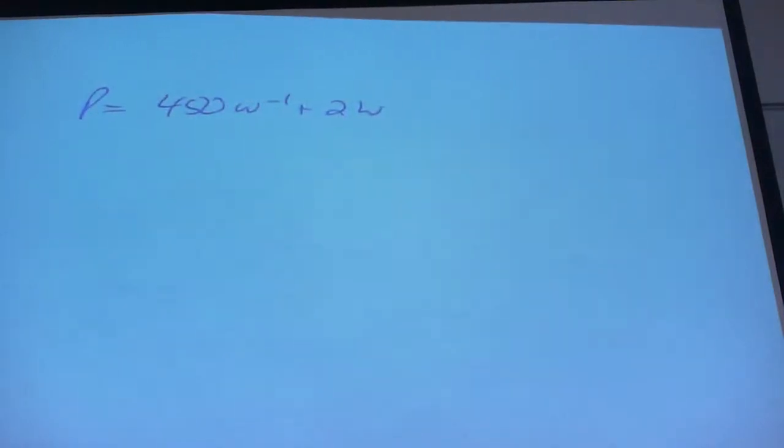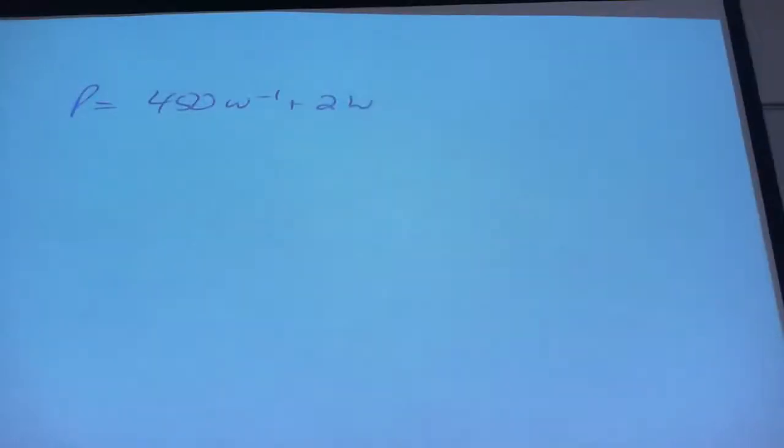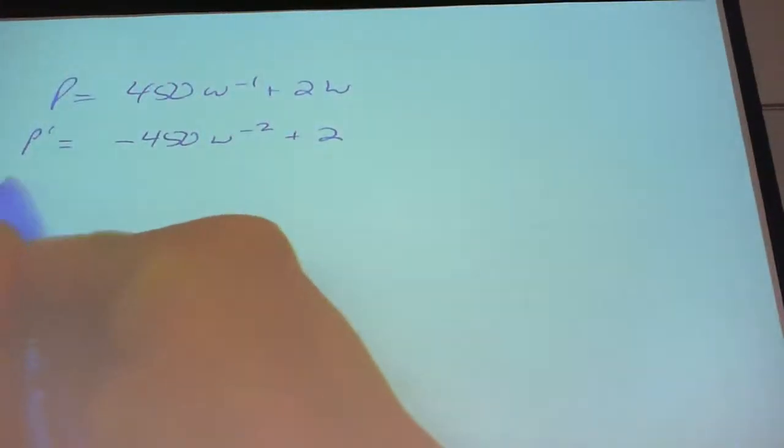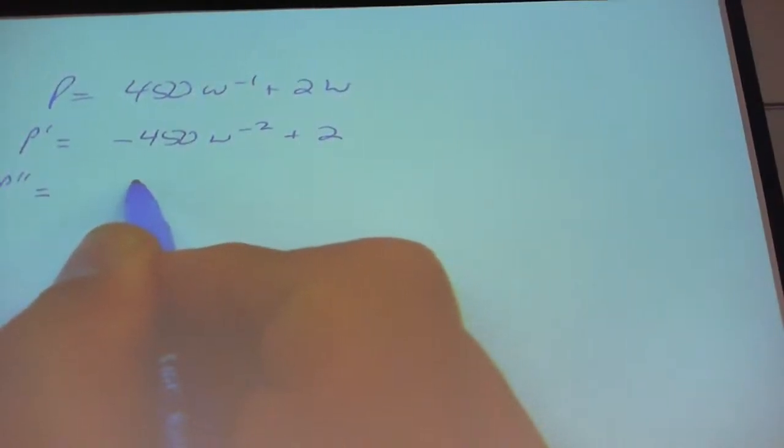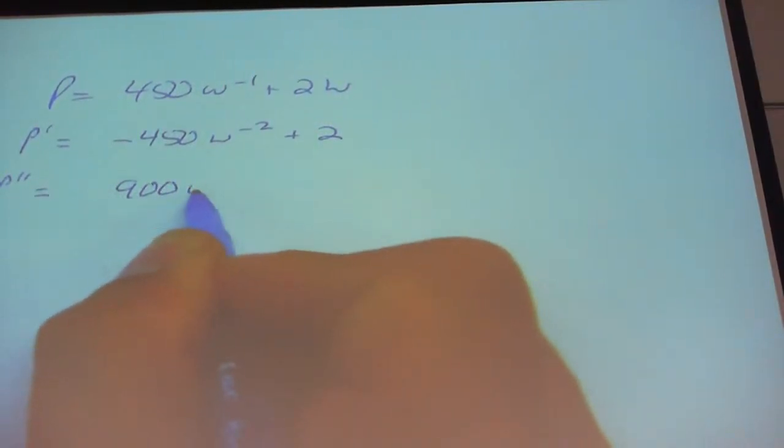If I want to check if something is an absolute min or an absolute max, you take the second derivative. So the first derivative is -450 W to the -2 plus 2. What would the second derivative be? 900 W to the -3.